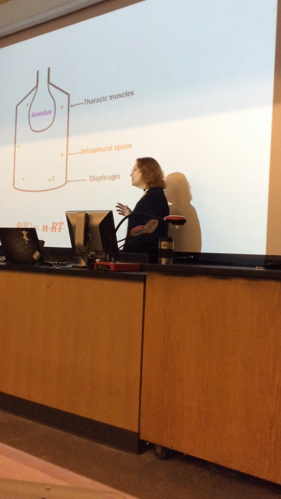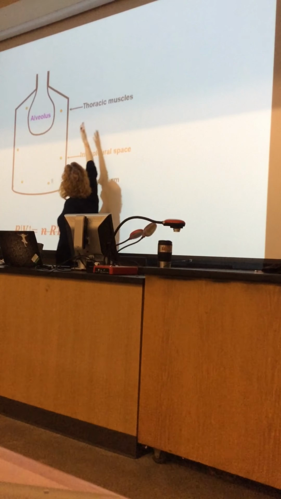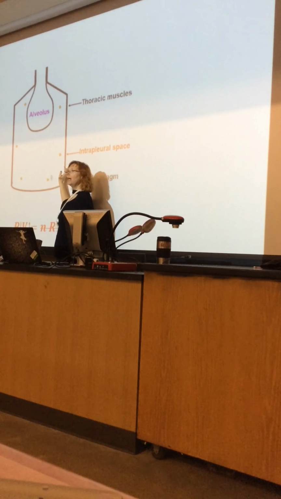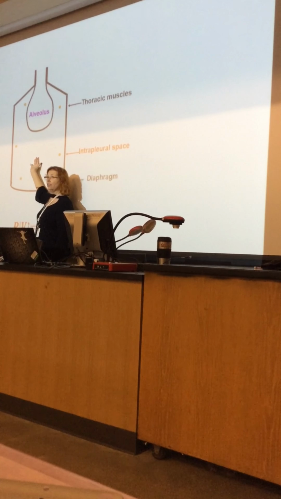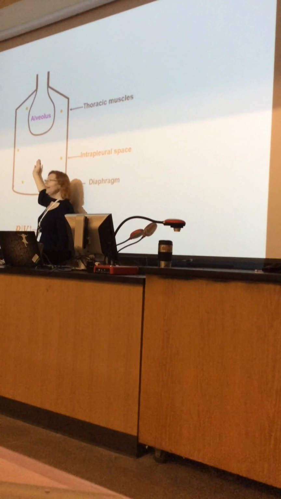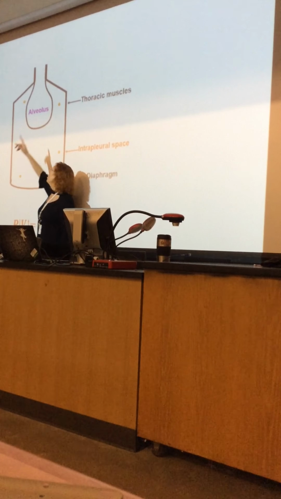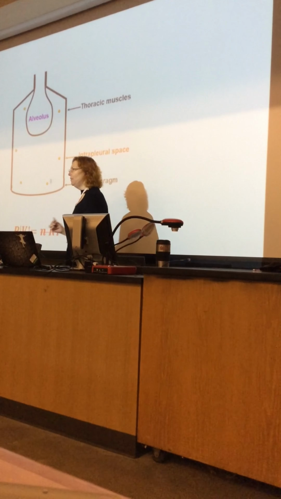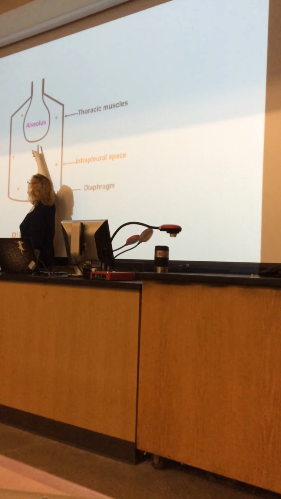Okay. And let's follow this stepwise. Because my thoracic muscles and my diaphragm contracted, this volume got bigger, larger, which means the pressure here decreased, right? If the pressure decreased here, and for a moment, this pressure, the intraalveolar pressure, stays the same, then if I have a lower pressure here than here, what's that going to do to my alveolus?